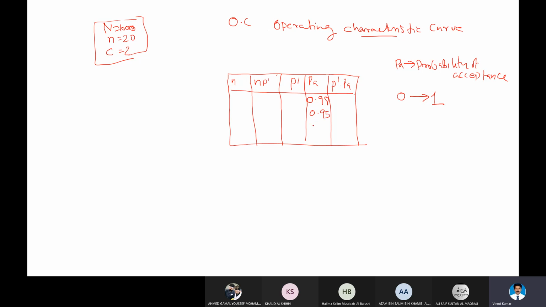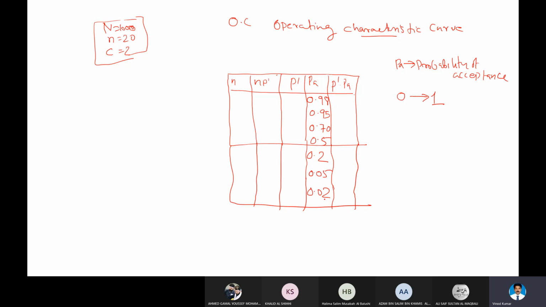I have taken 0.98, 0.95, 0.90, 0.70 arbitrarily, then 0.5, then 0.2, then 0.05, then the final one, 0.02.